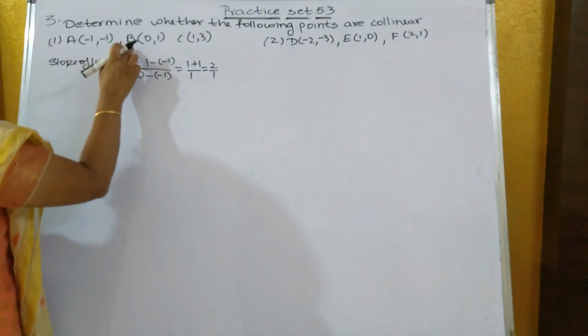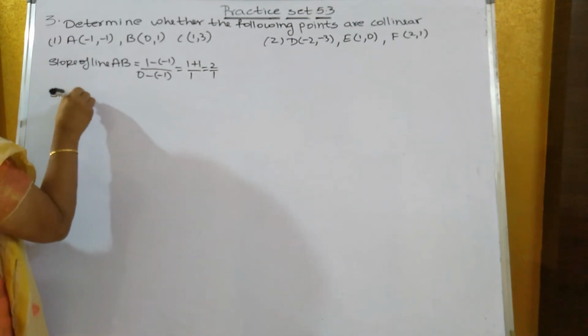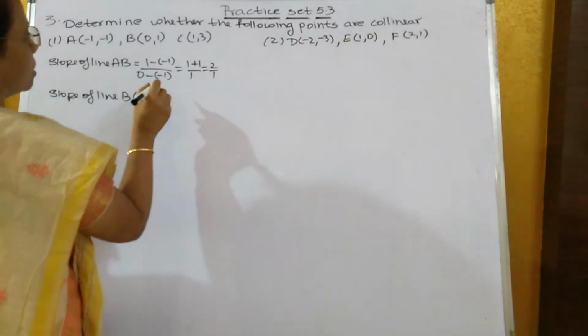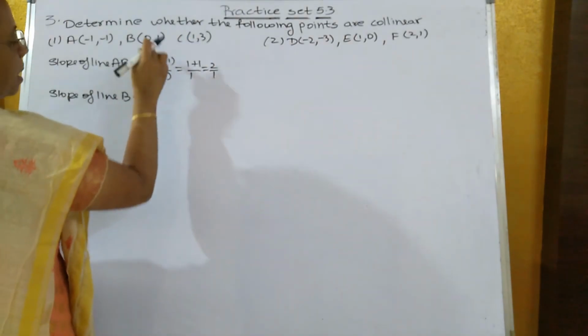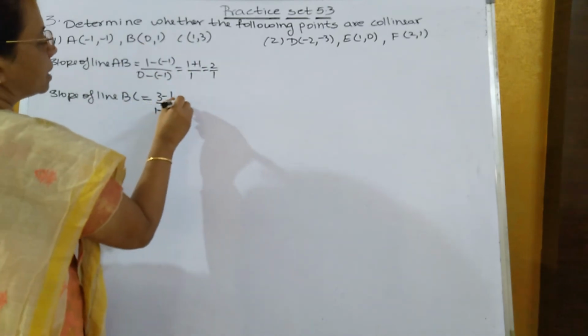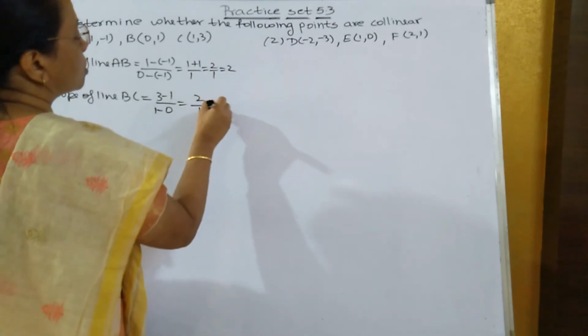Now next we will find out the slope of line BC, that's equal to 3 minus 1 upon 1 minus 0, that's equal to 2 upon 1. So this is also equal to 2.